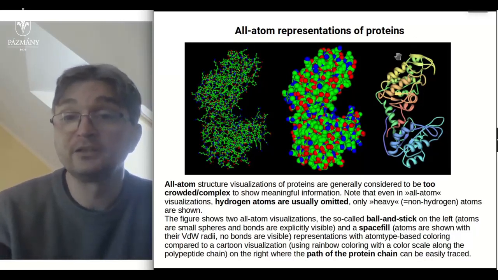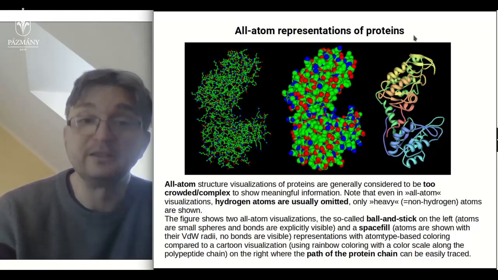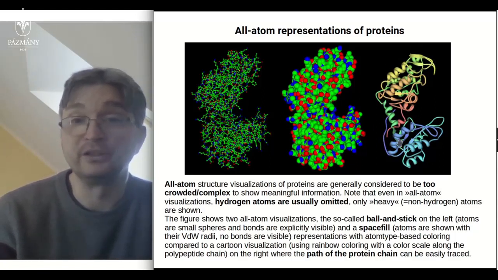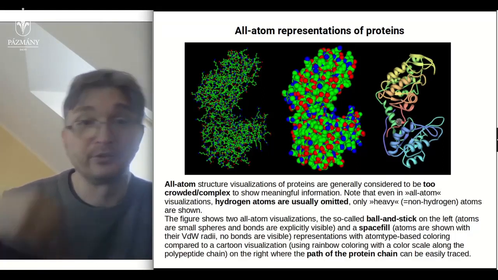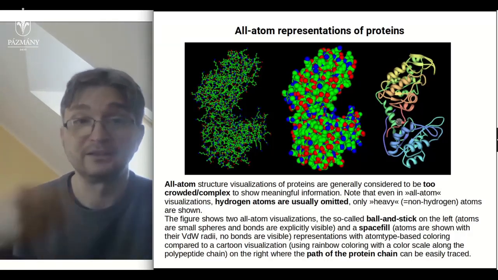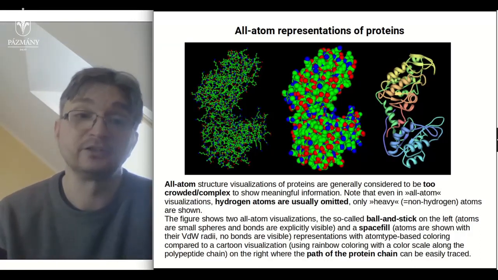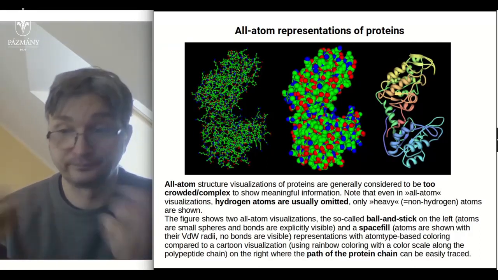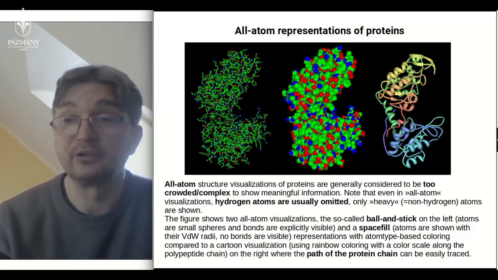On the right, we can see a simplified representation, where in 3D we can see the helices with these cartoon representations, and usually it suits our purpose much better, because here we see the path of the polypeptide chain in the structure. We can see how the fold is generated by the actual chemical structure.